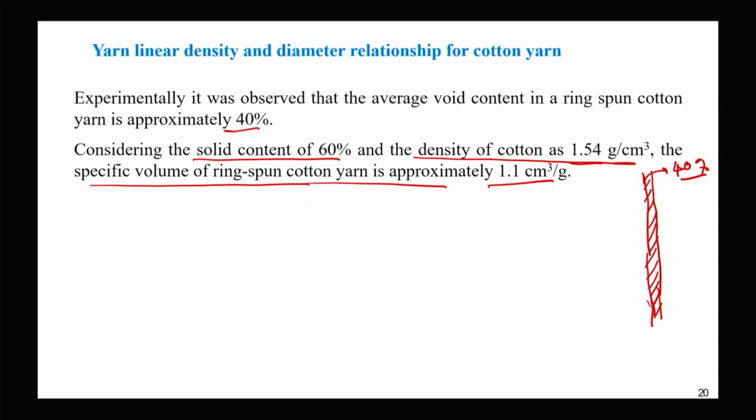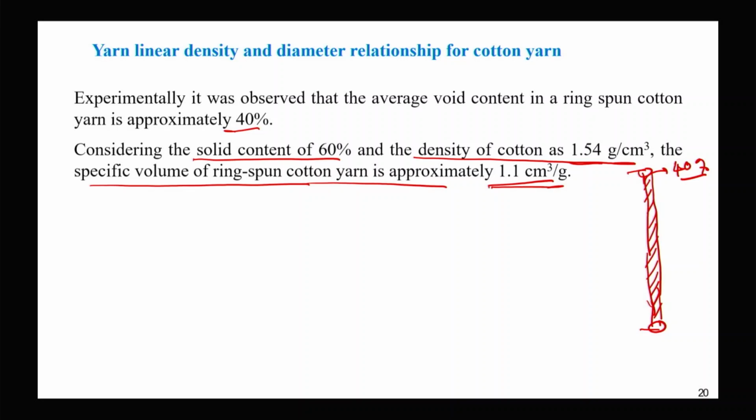In that case, for 1 gram of yarn, the volume of this cylindrical shape, considering the yarn is circular, will be 1.1 cubic centimeter.